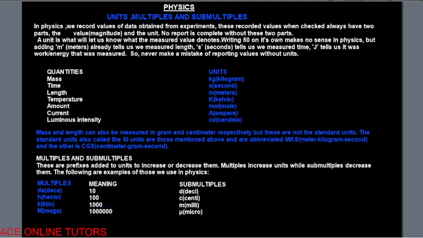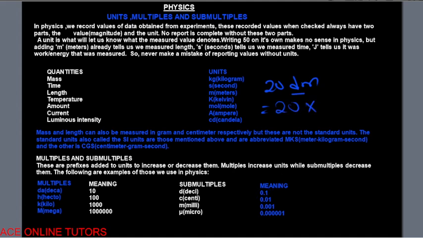Now, what of submultiples? Now, submultiples, we have deci, we have centi, we have milli, and we have micro. Now, how do we use them? Now, deci means you are dividing by 10. So that means it's the opposite of deca. Deca means you are multiplying by 10. So deci now means that you are dividing by 10, because this is 0.1. So if somebody says we have 20 decimeter, what it means is that you have your 20, then deci is 0.1, right?